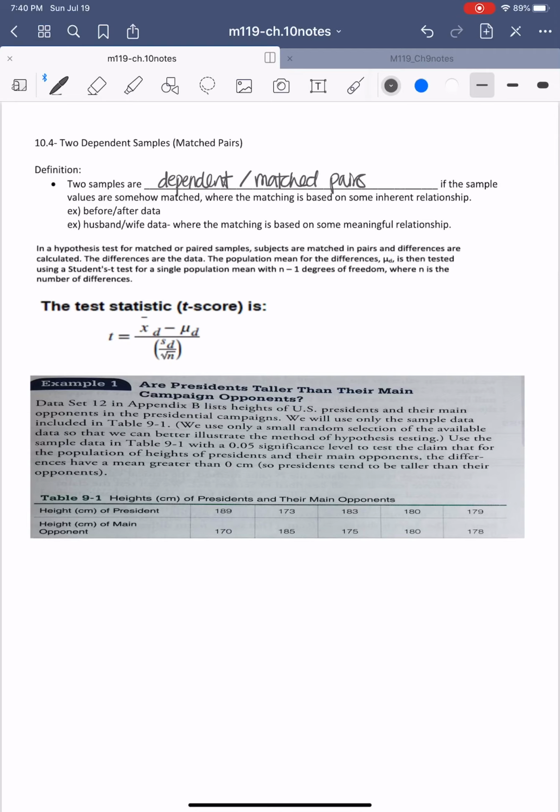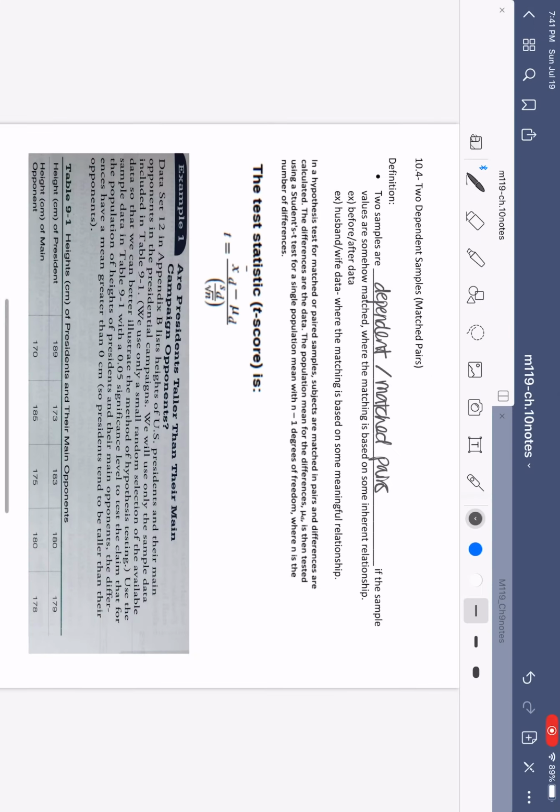It's then tested using a t-test. Why t-test? Because we are dealing with the mean and sigma is not known, with n-1 degrees of freedom, where n is the number of differences. So it's not the sample data, it's the difference data, subtract 1. The test statistic t-score is given as the following, but we are using the t-test on the calculator to get the t-score and then p-value.